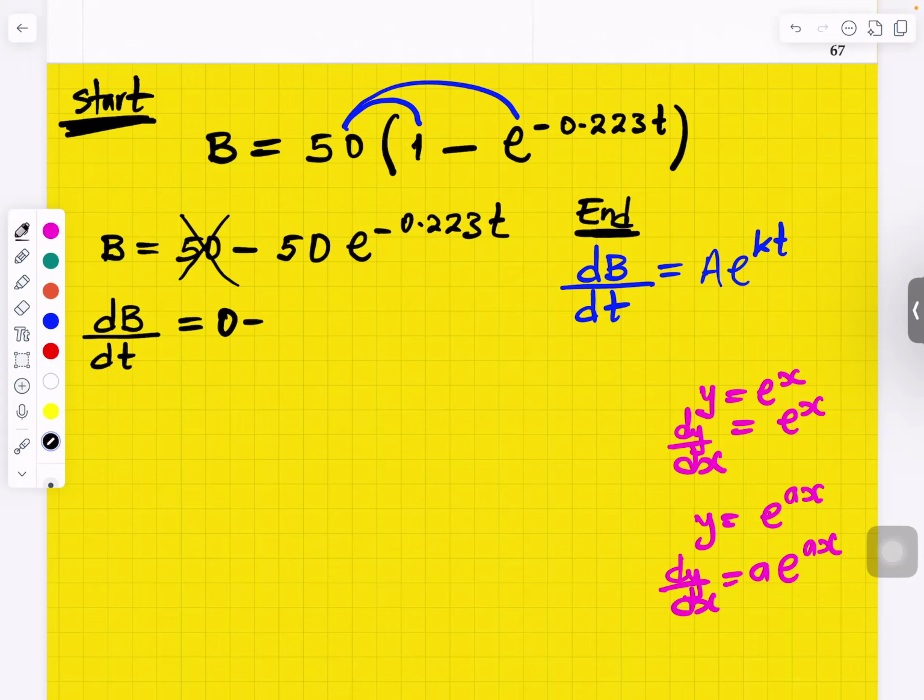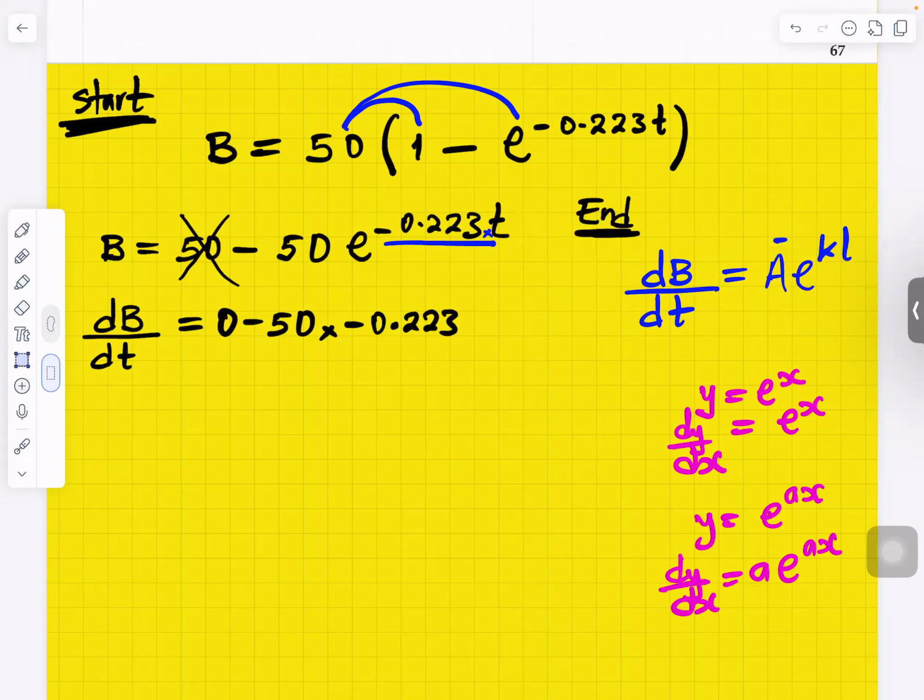So the minus 50 will stay the same. We will times by, when you differentiate that power there, you will times by minus 0.223, and then e to the power of minus 0.223t.